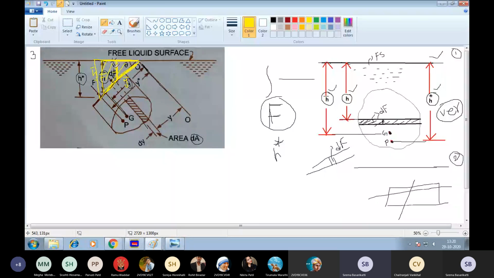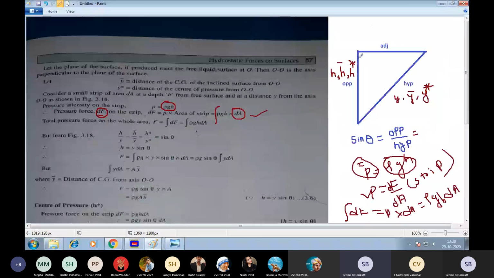The vertical sides are h bar and h star, where the opposite side indicates h bar and h star, and the hypotenuse gives three values, that is y bar and y star.